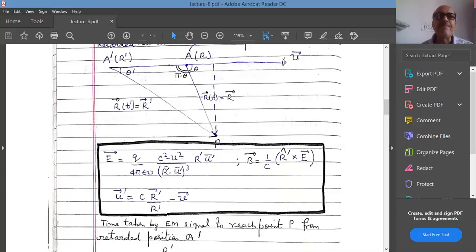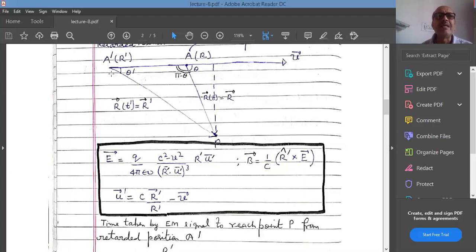Similarly, in trigonometry, you have studied that in a triangle ABC, sine A upon a is equal to sine B upon b is equal to sine C upon c. Capital A, B, C are normally the angles and small a, b, c are the corresponding sides. So here, sine theta dash divided by the corresponding side R will be equal to sine of pi minus theta divided by the corresponding side R dash.